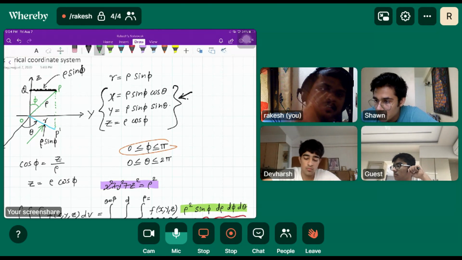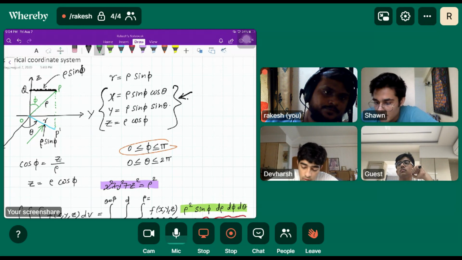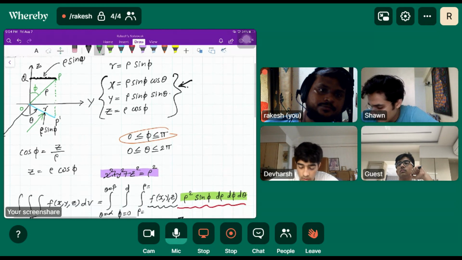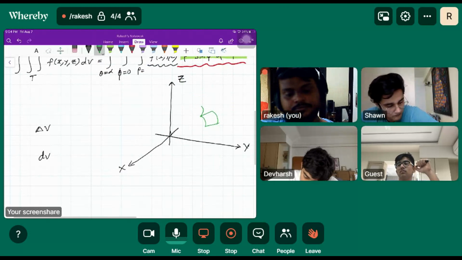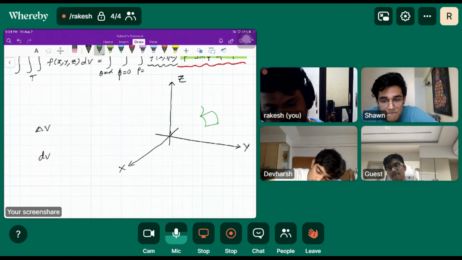That's it. Otherwise, there is no use of r. That r is nothing but rho sin phi. So this is the spherical wedge I am drawing here.